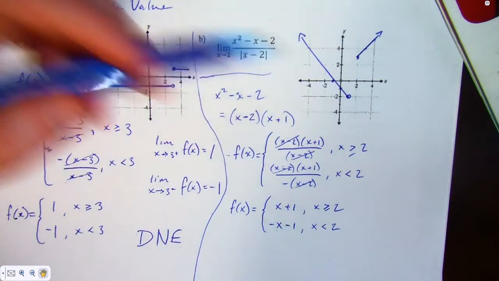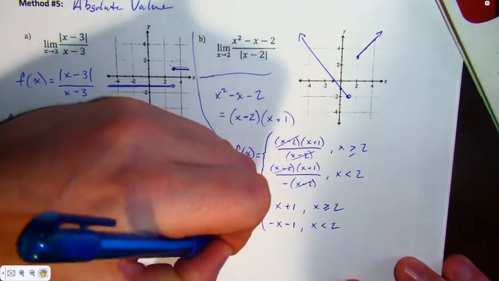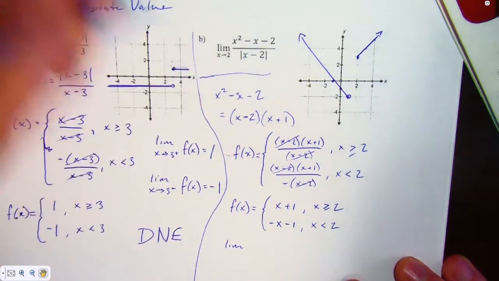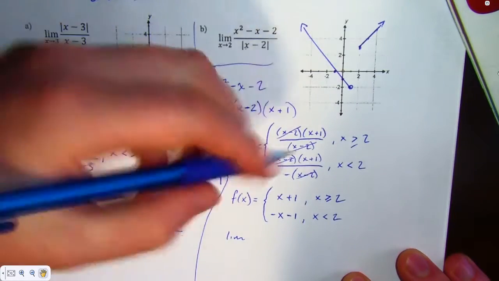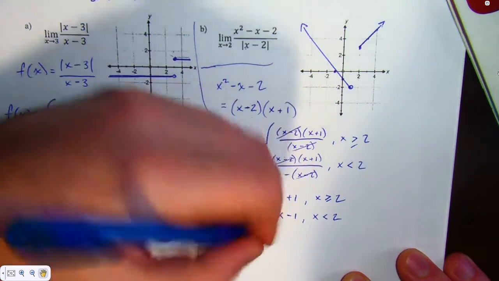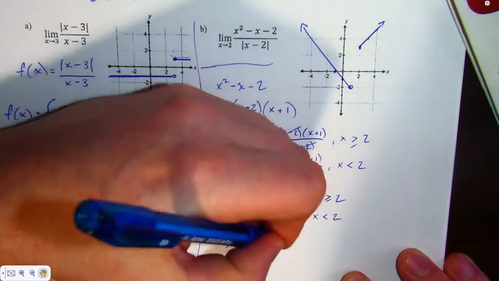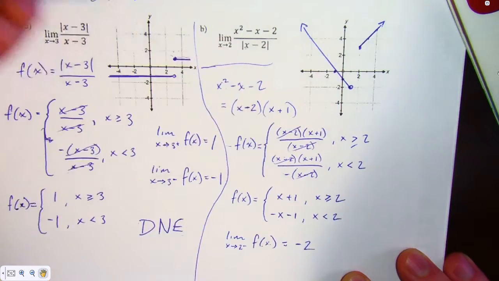So once again, if we look, the left-sided limit, the limit as we approach 2 from the left, f of x is going to equal -2 in this case.